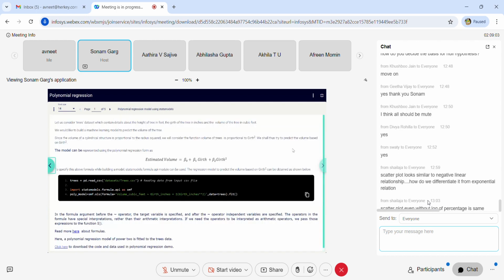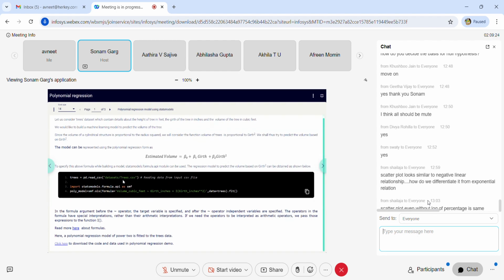Here we are doing an example. There's a relationship where you want to predict the volume in cubic feet based on the girth. This is the relationship which is identified. Okay, let's check. This is a polynomial relationship where we do not want a linear relationship.